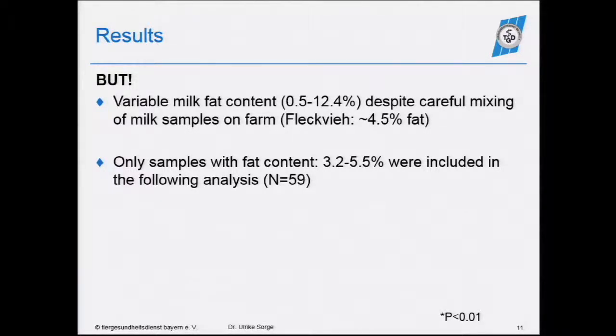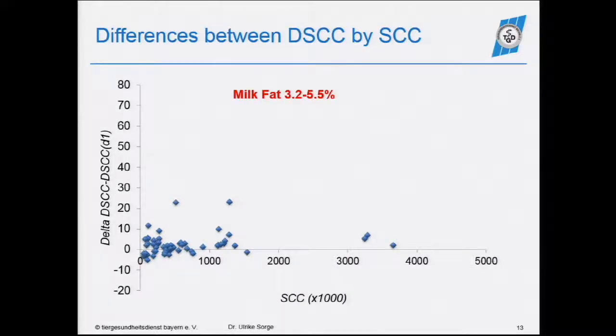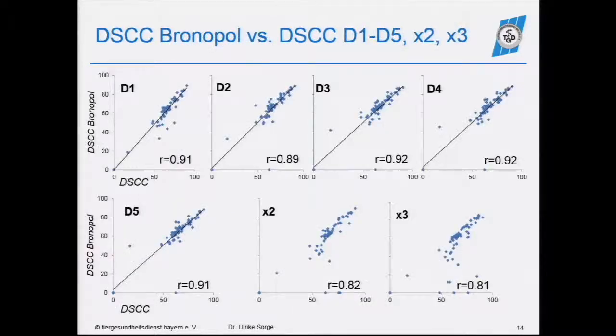And so I said, okay, maybe I should narrow it and just look at the perfect samples, which are in a physiological fat content, just to make sure that we have proper mixing. And this is again the before, and voila, we have a much better looking picture if we actually use properly sampled and handled samples. And so anything that I'm showing from now on is going to be with the good samples, so to speak.